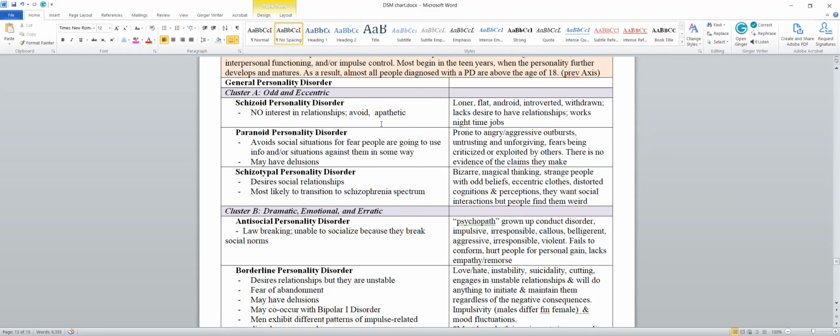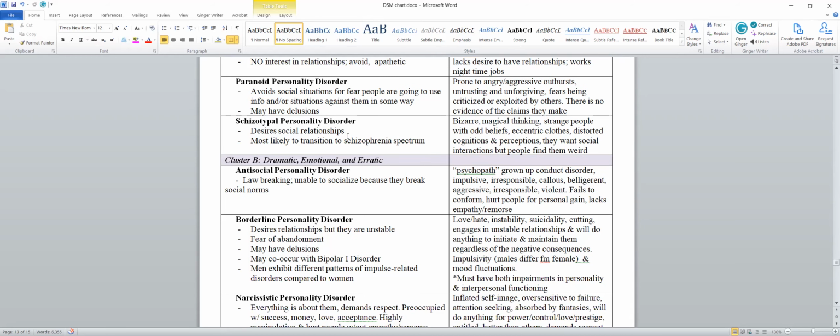So I'll list the subcategories and then I'll dive in. Cluster A, the odd and eccentric, include schizoid personality disorder, paranoid personality disorder, and schizotypal personality disorder.